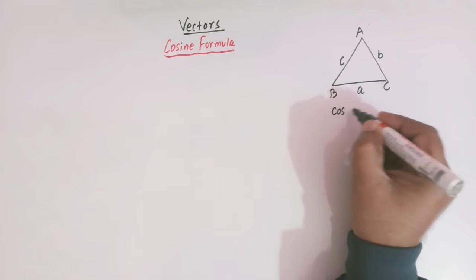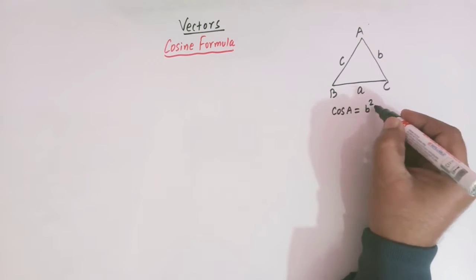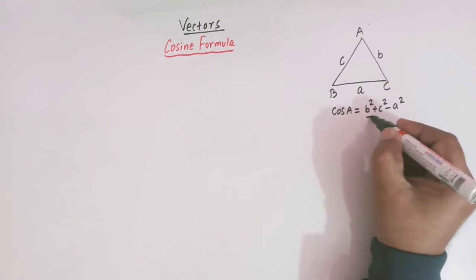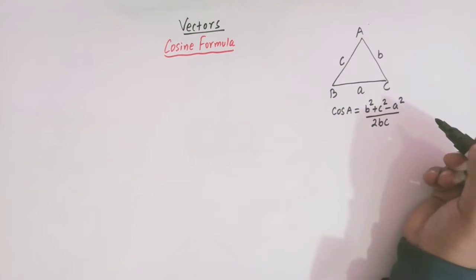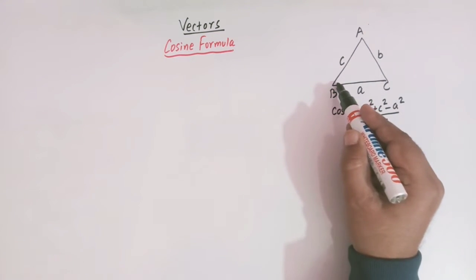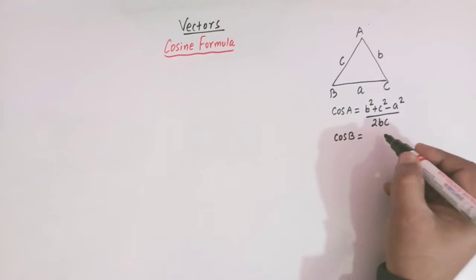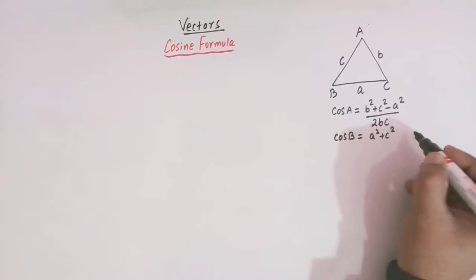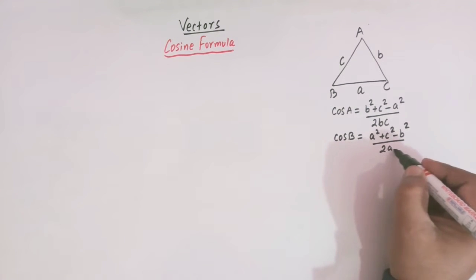We can write cos A is equal to b square plus c square minus a square divided by 2bc. Similarly, for this angle, cos B is a square plus c square minus b square divided by 2ac.